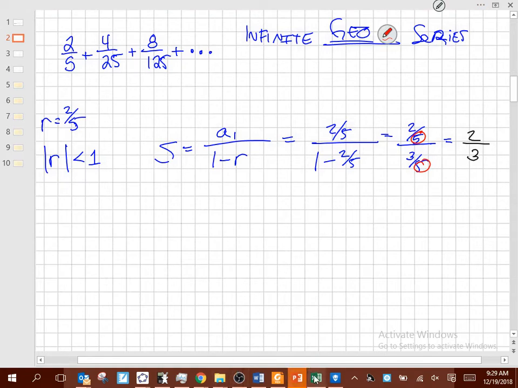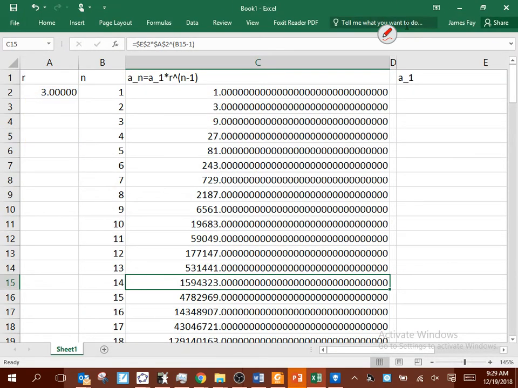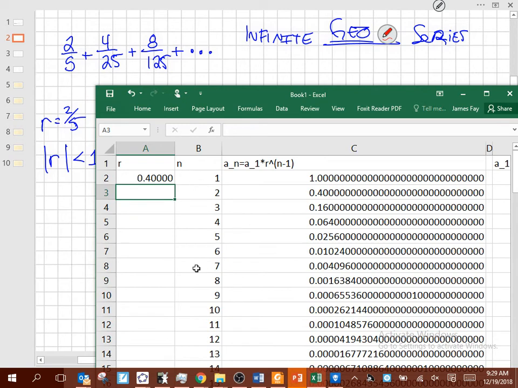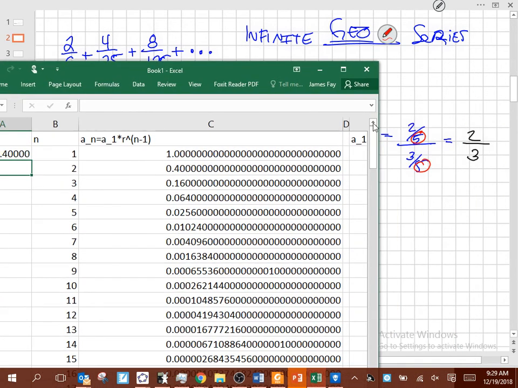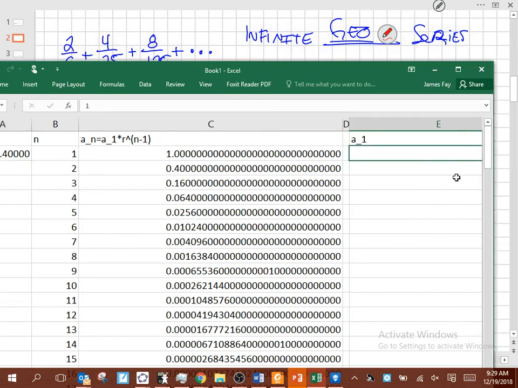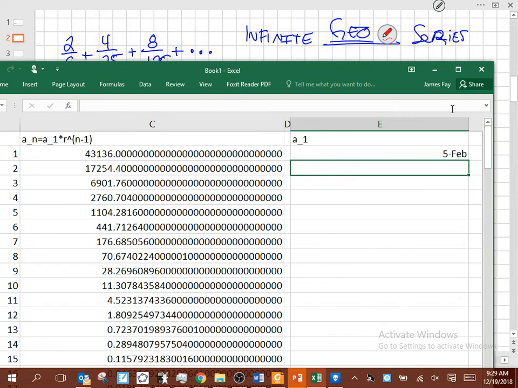Okay, now if I were to go back to Excel real quick, I think we did something like this yesterday, but my r is 2/5. Okay, so 0.4. My first term, likewise, is 2/5, or February 5th.